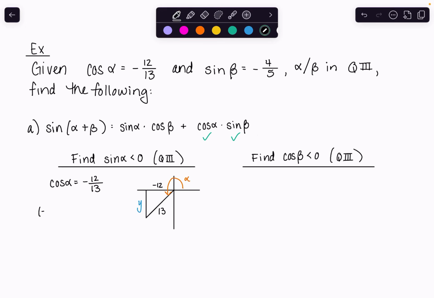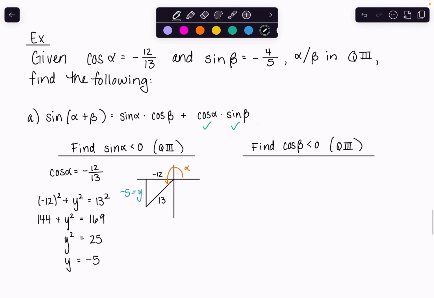Using the Pythagorean theorem, negative 12 squared plus y squared equals 13 squared. 12 squared is 144. 13 squared is 169. 169 minus 144 is 25. Taking a square root gives us 5. And then because we're in quadrant 3, we only have the negative case, so our y value is negative 5. That tells me sine of alpha is negative 5 over 13.